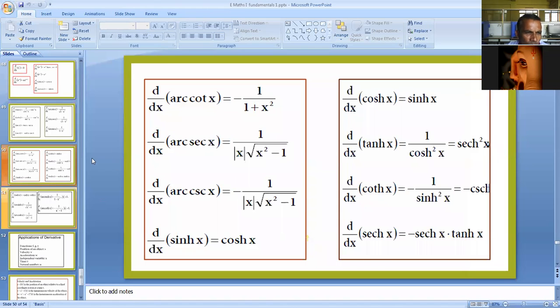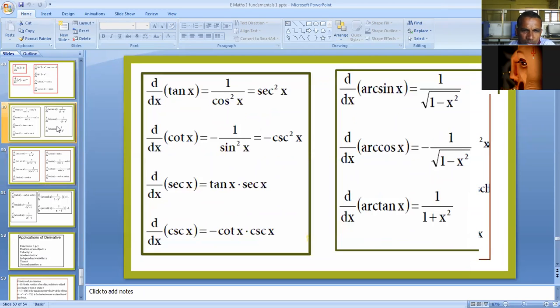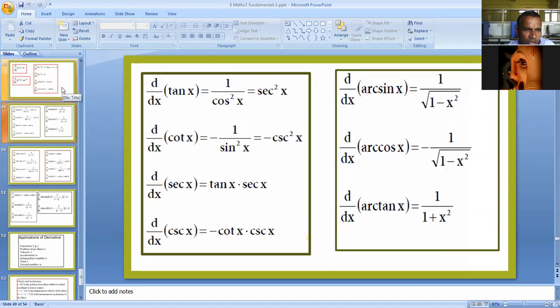See here. So there are some results in their differential. What is d/dx of cot inverse of x? Before that, you know here, d by dx of tan x. d by dx of tan x means what?